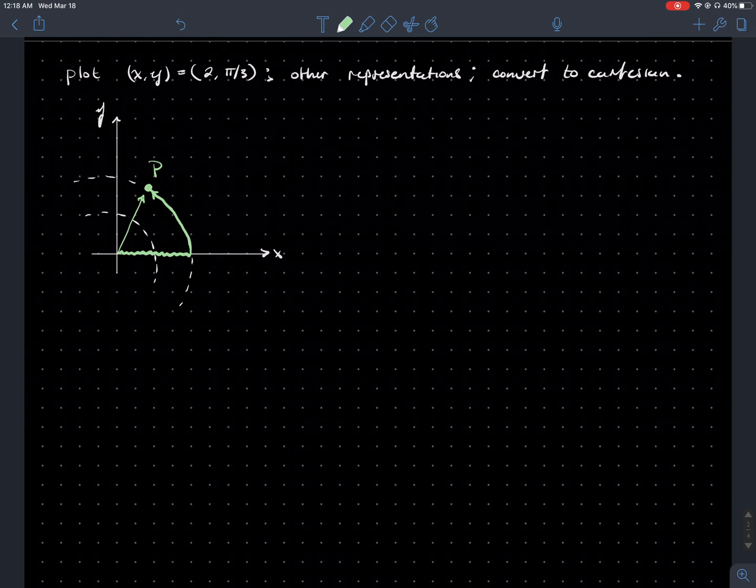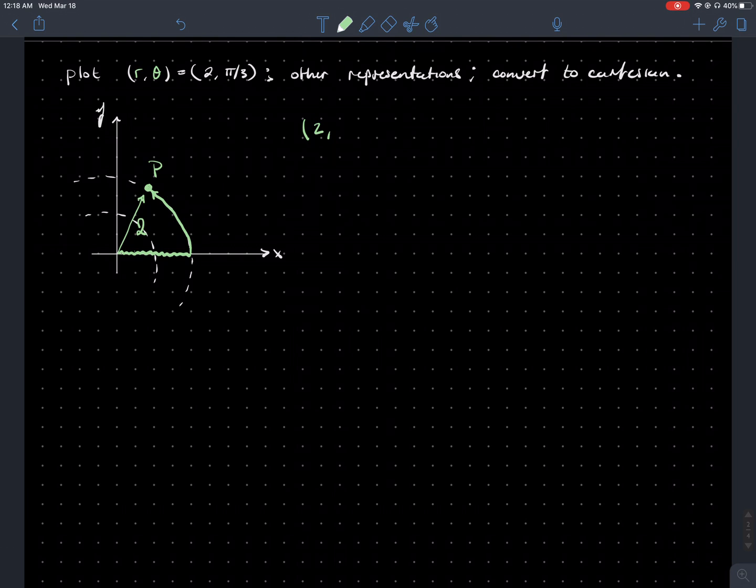Okay. And I just realized that I had that copied down wrong. This should be r and theta. Okay. So 2 being your radius, theta being pi thirds. Okay. Now other representations. We could take 2. So we could take a radius of 2, which would be right there.